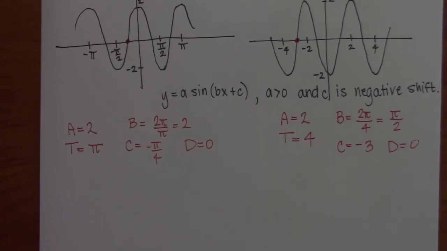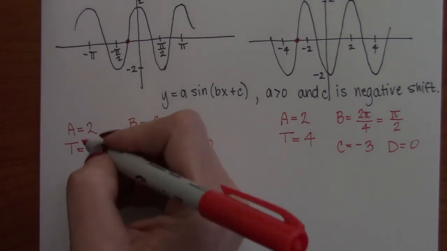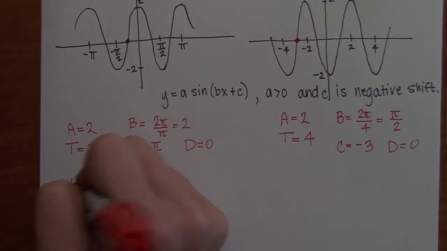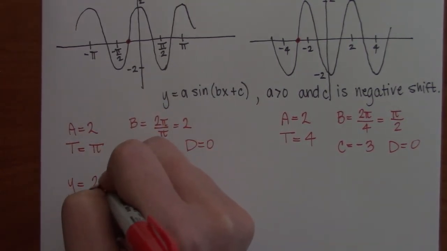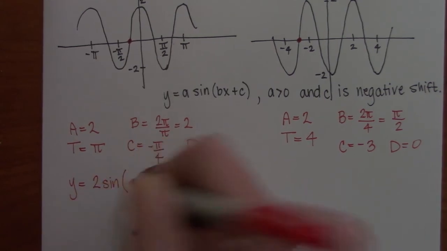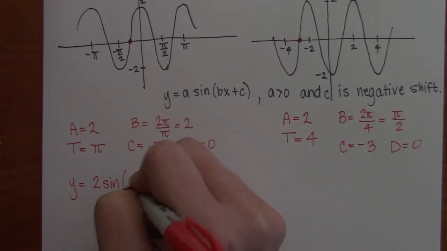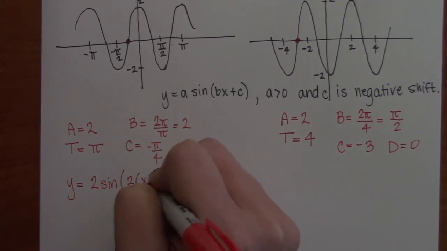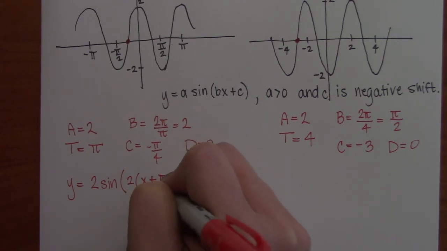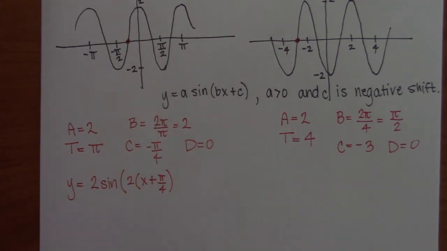So now when I write the equation, I recommend that you use the standard form we've been using, and then you just convert it into what they want, right? So on the left over here, we're going to get y equals a, right, times sine of b times x minus pi over 4.